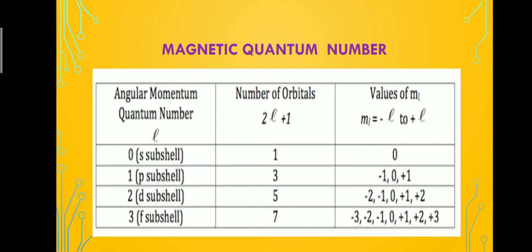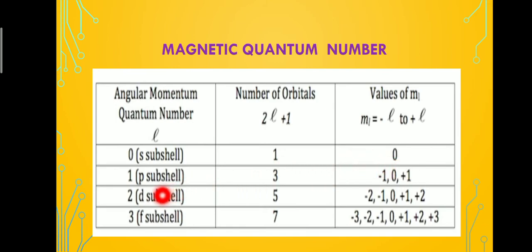By using this L, we can find out the angular momentum. For L equal to 0, the subshell is s, and the number of orbitals is 2L plus 1, so 2 into 0 plus 1, which is 1, and the value of ml is 0.